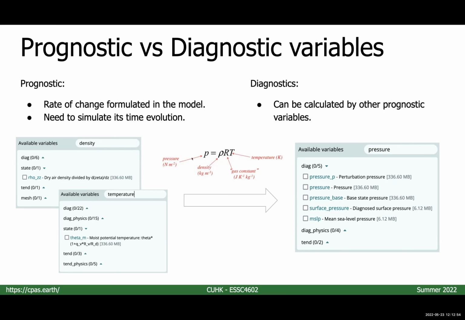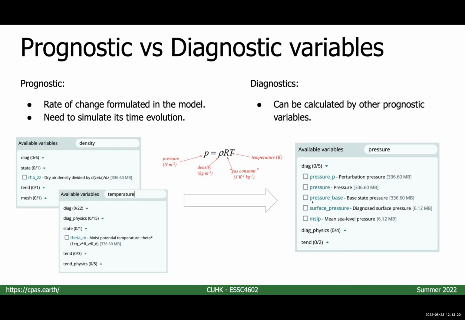So if you specify the program to output variables related to pressure, just like in this search box, you can enter pressure, and then our web interface will search output variables that are related to pressure, and then you will see these variable names and the description of the variables.